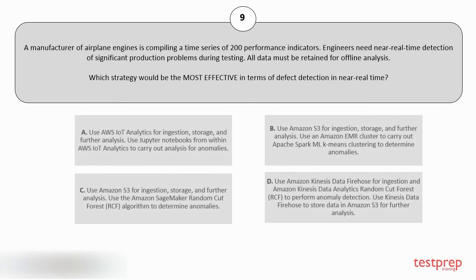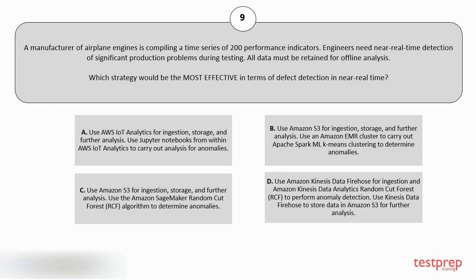Your options are: A. Use AWS IoT Analytics for ingestion, storage, and further analysis. Use Jupyter Notebooks from within AWS IoT Analytics to carry out analysis for anomalies. B. Use Amazon S3 for ingestion, storage, and further analysis. Use an Amazon EMR cluster to carry out Apache Spark ML K-means clustering to determine anomalies.